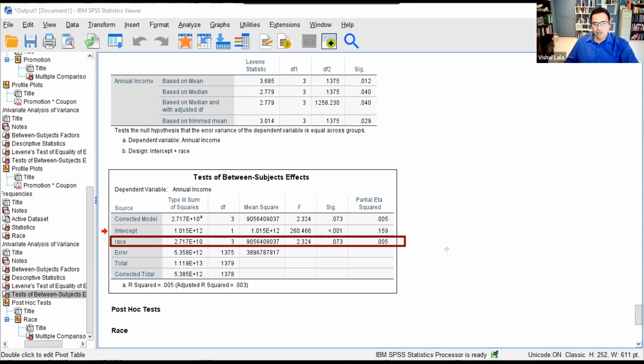In other words, when we looked at the null hypothesis that the earning of African Americans equals the earning of Hispanics, equals the earning of Asians, equals the earning of whites, we don't have enough evidence to reject that null hypothesis because the p-value is 0.073.